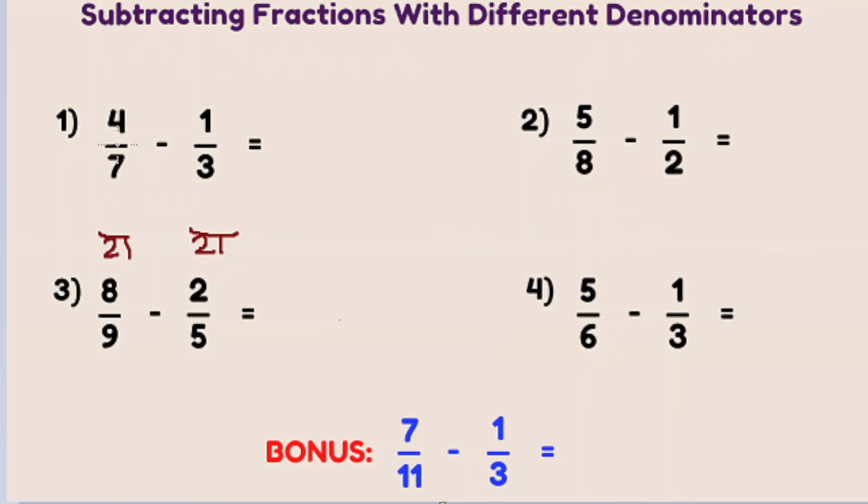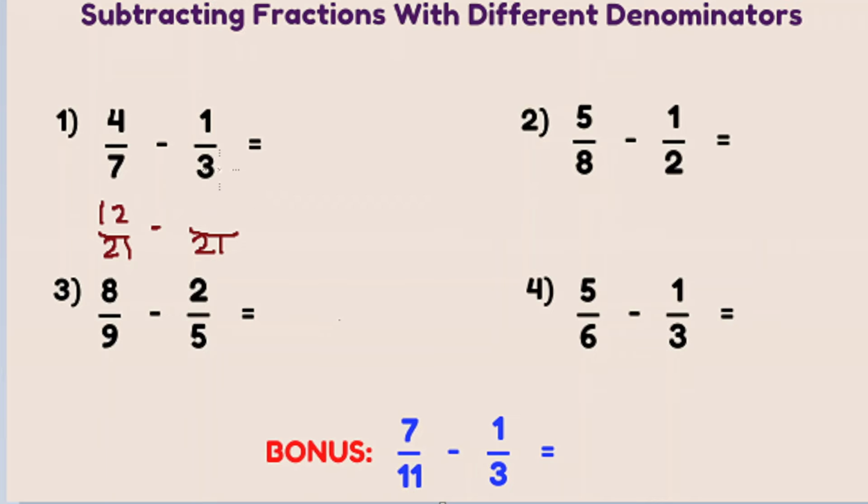And what we're going to do is convert this fraction of 4/7 into a fraction with a denominator of 21. The way to do that is 7 goes into 21 3 times, or you'd have to multiply 7 times 3 to get this 21. Whatever you do to the denominator, you must also do to the numerator. So let's multiply 4 times 3, and we get 12.